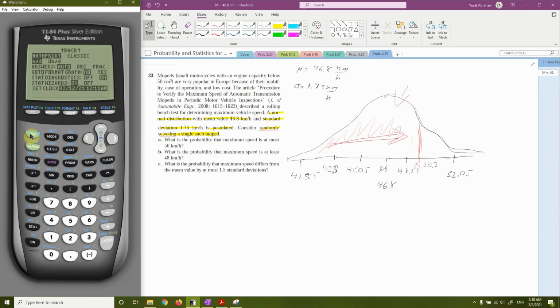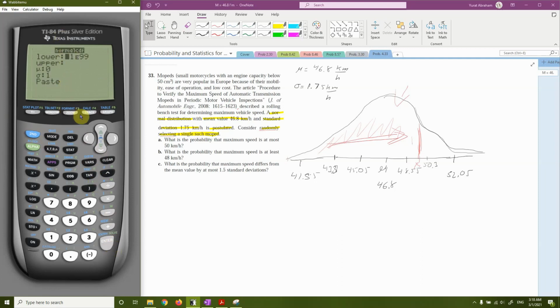Okay. And then go back to second distribution. And you will go back to normal CDF, and it'll give you, oops, sorry, start again, second distribution, there you go. It'll give you like this.